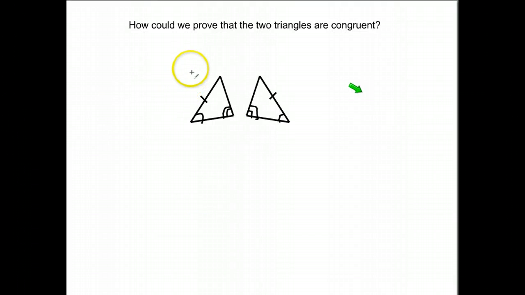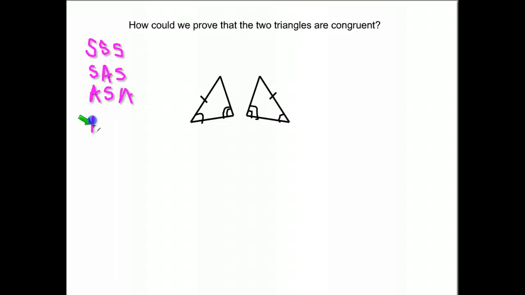Alright, next example. What could we use to prove that these two triangles are congruent? Again, look through your options. You have SSS, SAS, ASA, or AAS. Those are our four options. Then look at your figure and see what's marked.